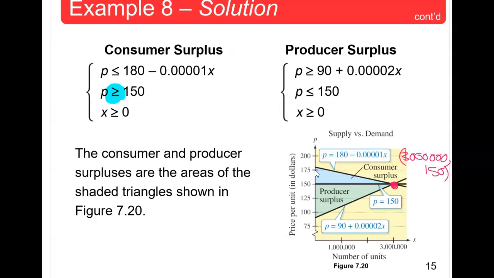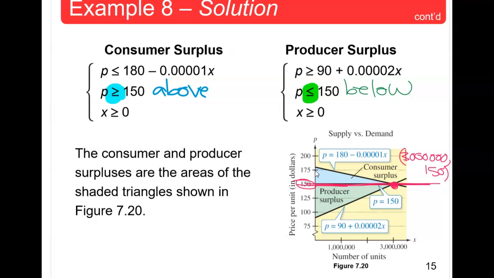So that 150 for the price, that is where we traced that line. And so for the consumer surplus, it will be above that line, and then for the producer surplus, it will be below that line.